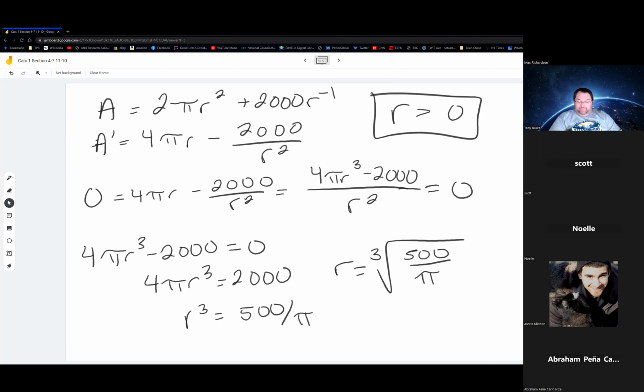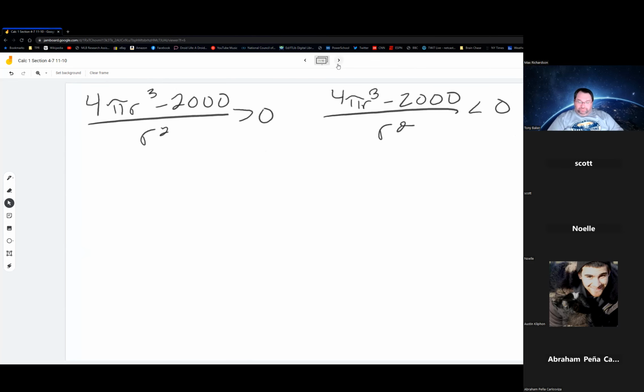All right, so now we've got to figure out when it's positive and negative to see where it goes up to that point. So this side's the positive, so it's greater than 0, and this side's the negative. Now, in both these cases, r squared is going to be positive. So the bottom doesn't matter, and it's not going to affect my problem.